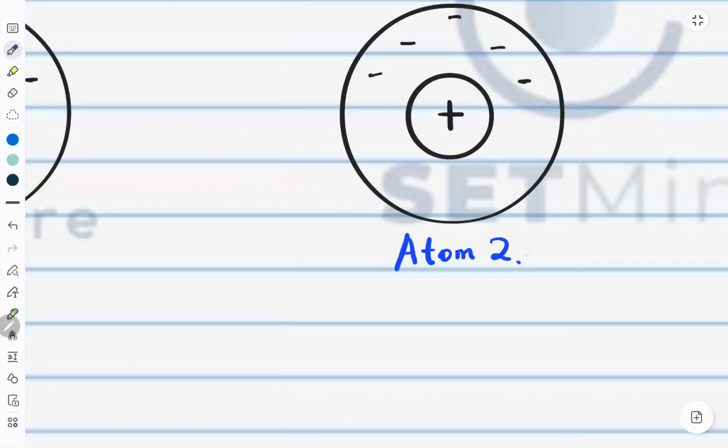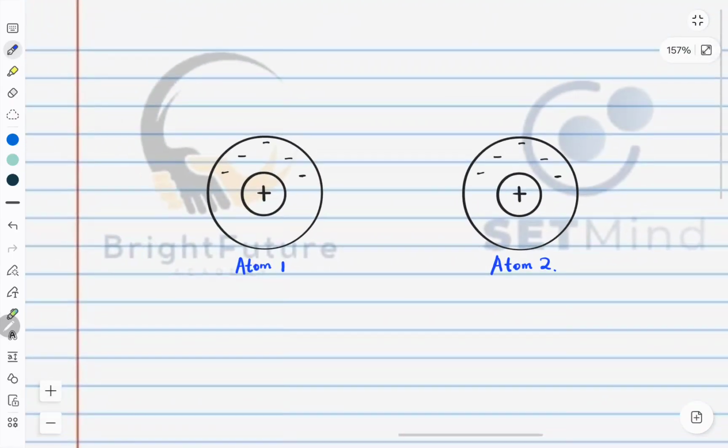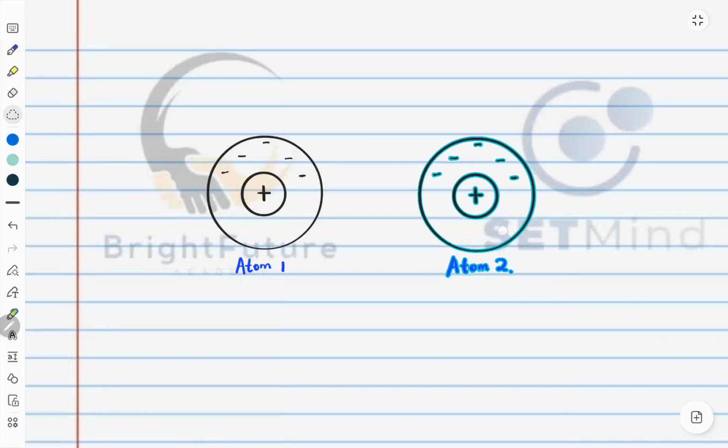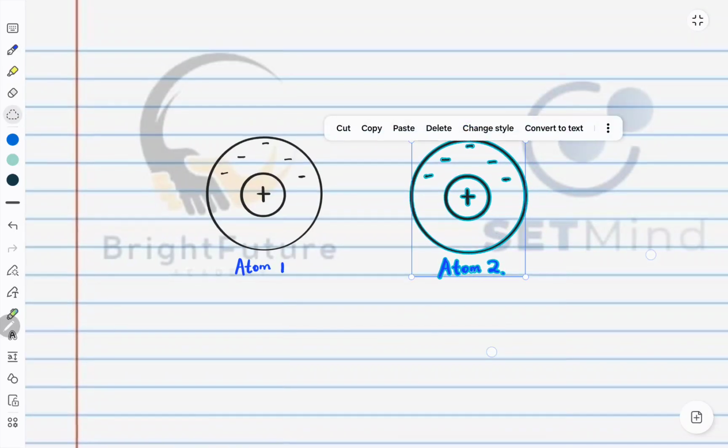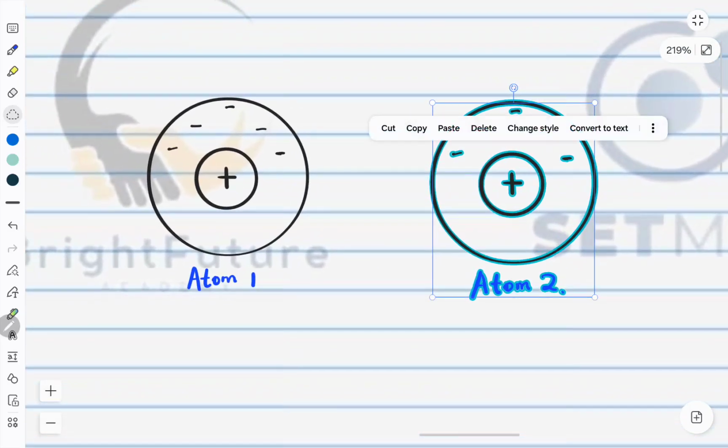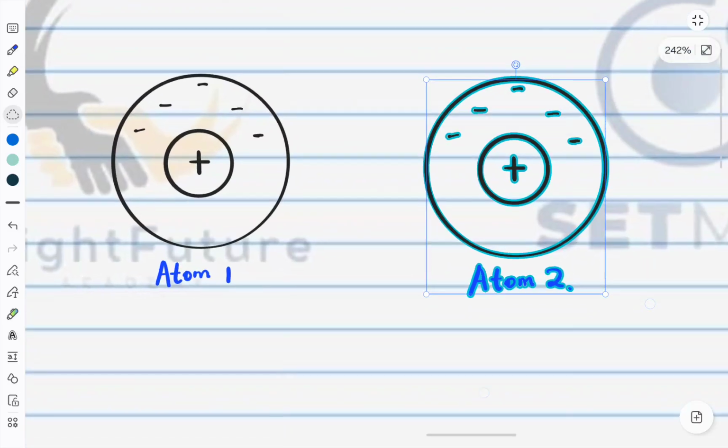Well, now the same thing happens, of course, to the second atom, because atoms are structured the same way. They have a nucleus at the center, and then around the nucleus there's a cloud of electrons, right? Negatively charged.